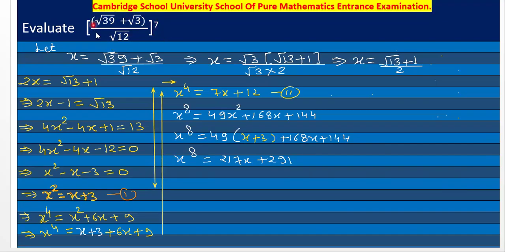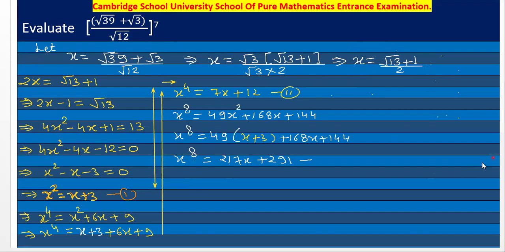The value we have supposed is x, and the value of x is square root of 13 plus 1 by 2. So we have to divide the left hand side and right hand side by x.